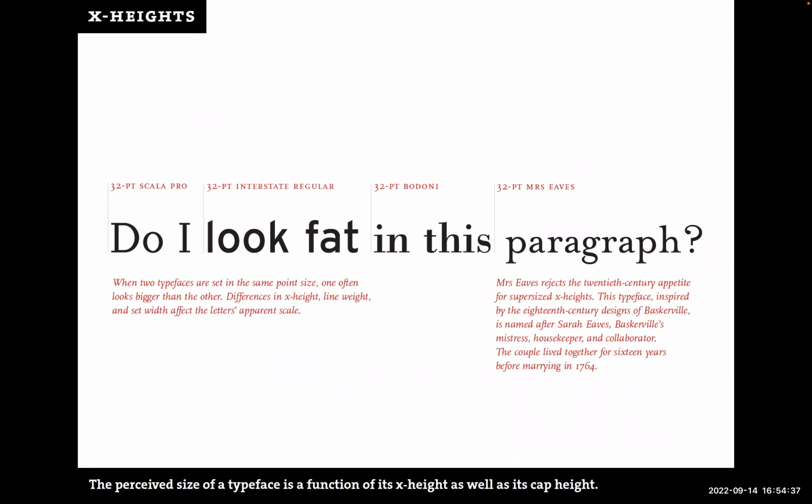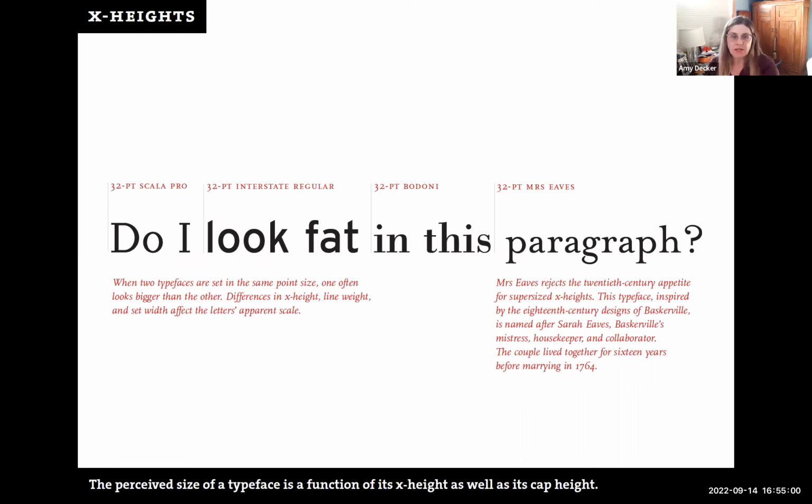Isn't it typically based off literally the height of the X or the lowercase? No, it's not. It's based off the lowercase, but it's based off the two spaces, the mean line and the baseline. The space between the mean line and the baseline, which is the lowercase letters, is the X height.